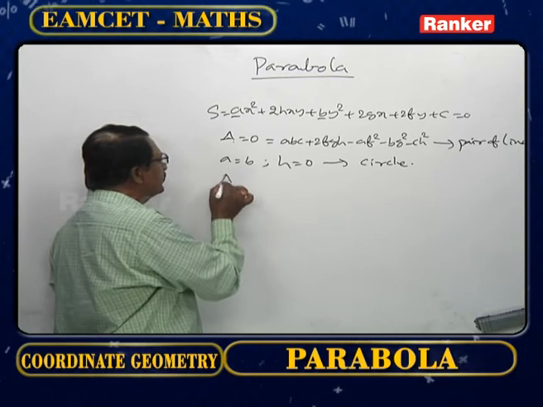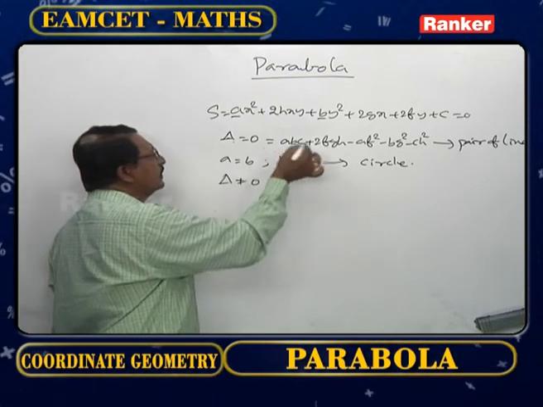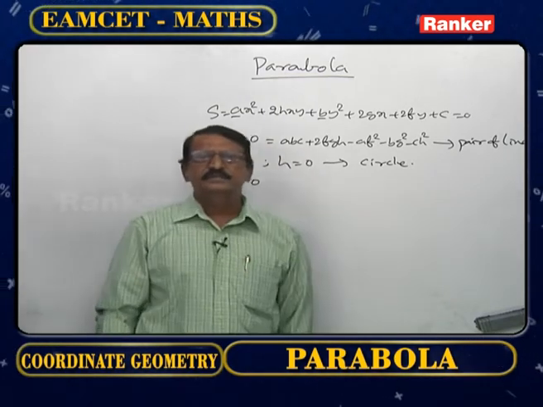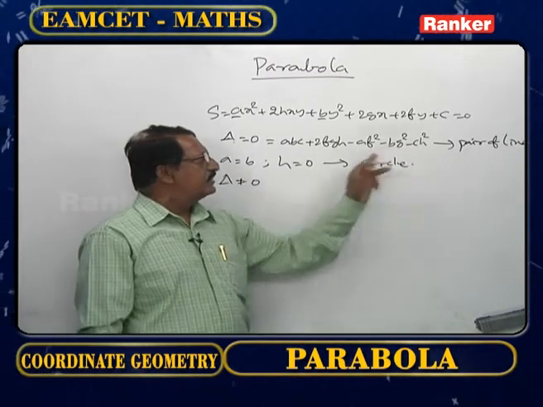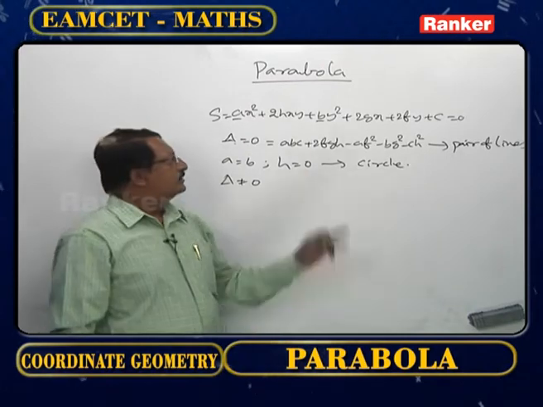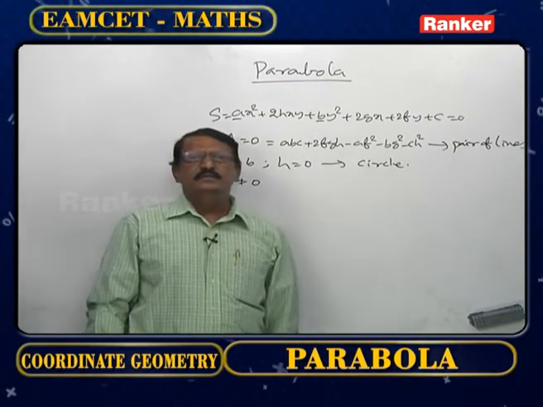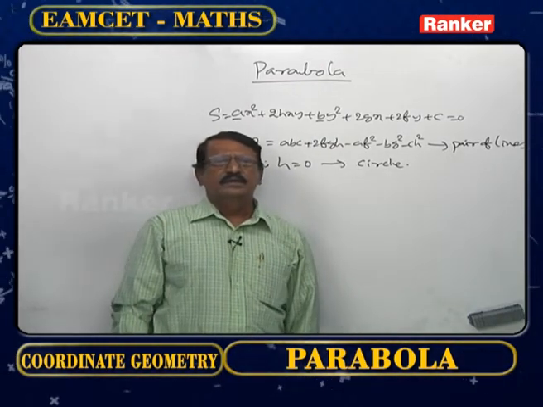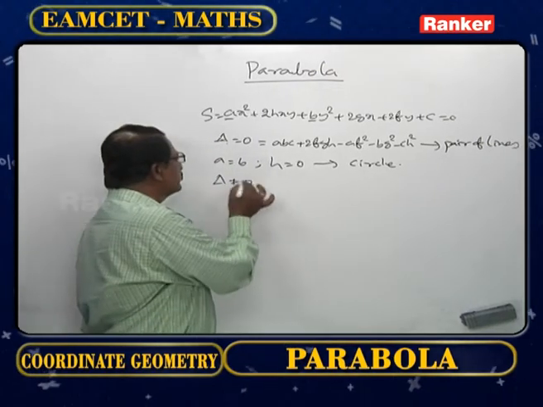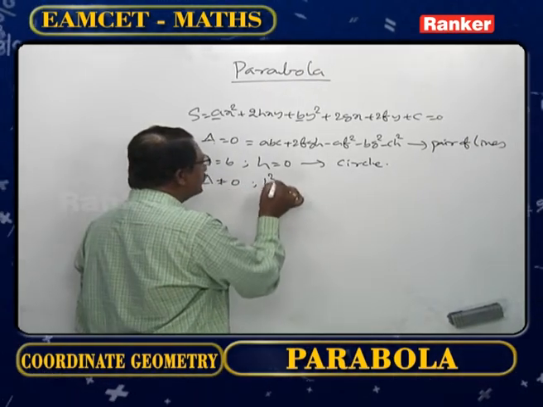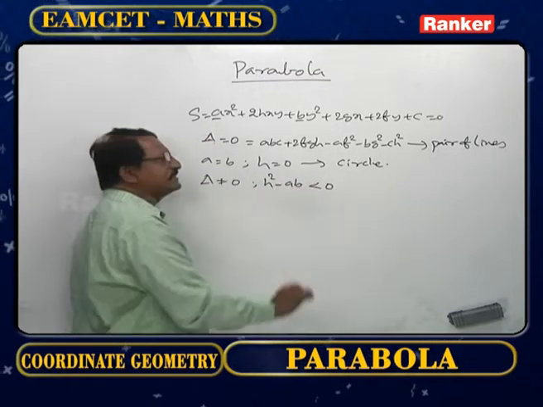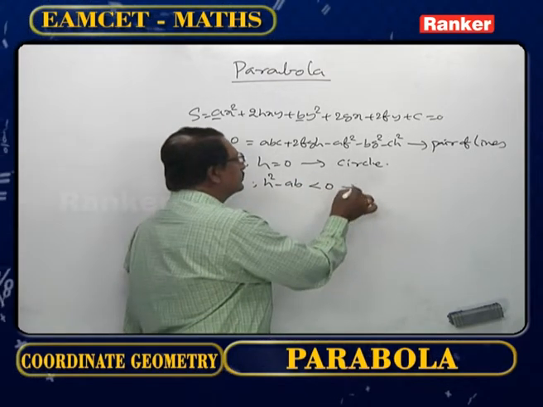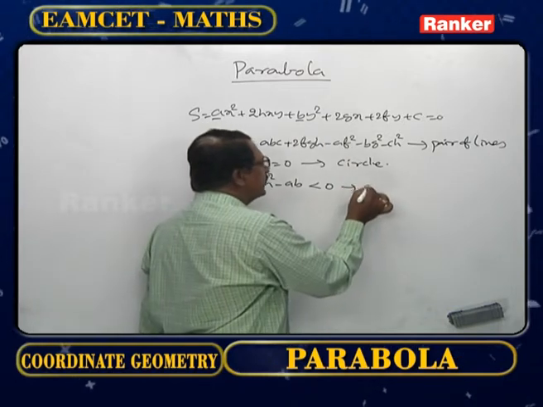Next, if delta is not equal to 0, that is, abc plus 2fgh minus af square minus bg square minus ch square is not equal to 0, then the equation represents a parabola, ellipse or hyperbola. If delta is not equal to 0 and h square minus ab is less than 0, the equation represents an ellipse.